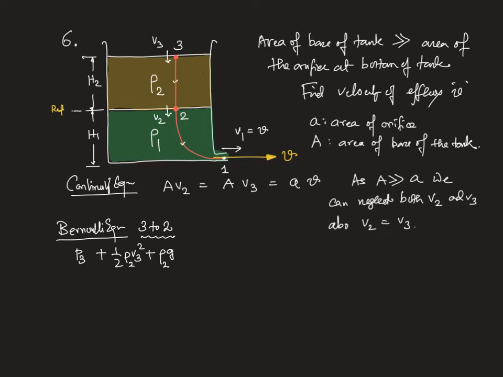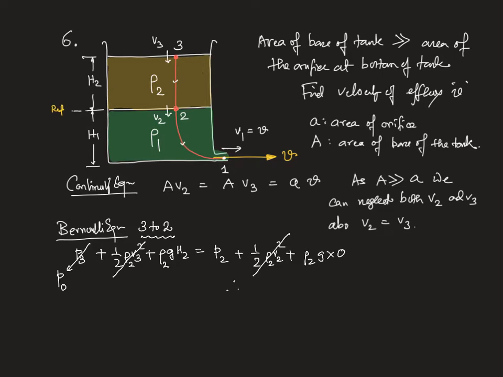So rho 2 g H2 is equal to P2 plus half rho 2 V2 square plus rho 2 g into 0, with respect to that reference the height is 0. P3 is P naught because that end is open to the atmosphere, and V2 is equal to V3, so you can cancel that term.